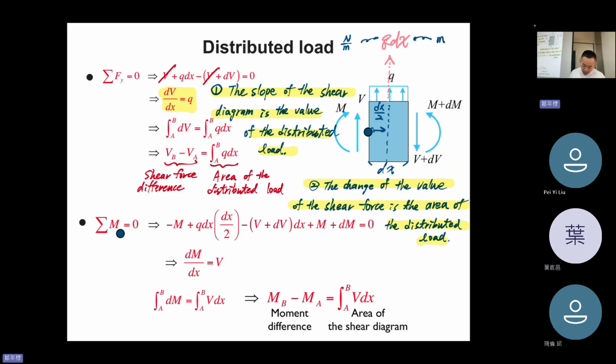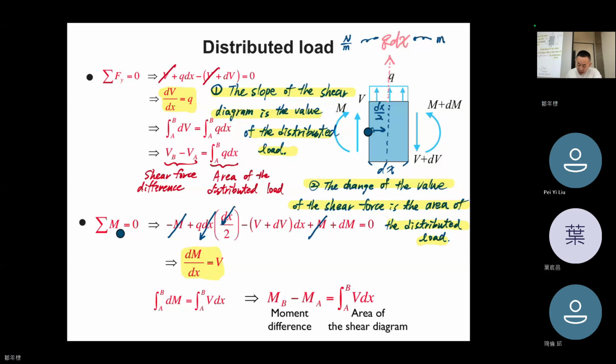So you obtain the result that dM over dx equals V. Of course, we need to cancel terms. You see dx and dx, these two values are so small that when they are multiplied together they become negligible.